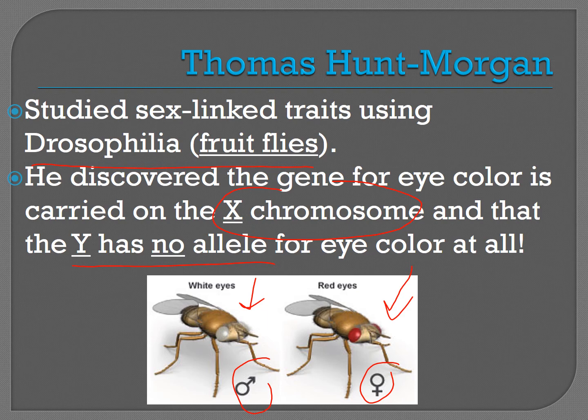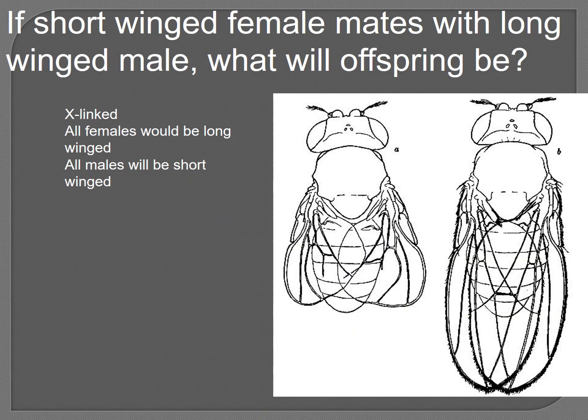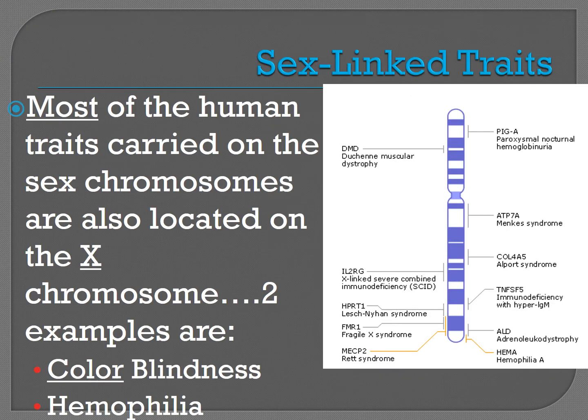So every time you see a little fruit fly with red eyes, say, "Hey, girlfriend." So we have the wings. All X-linked females will be long-winged and all males will be short-winged. So here's the long. If it was a sex-linked disease or disorder, they would come out.